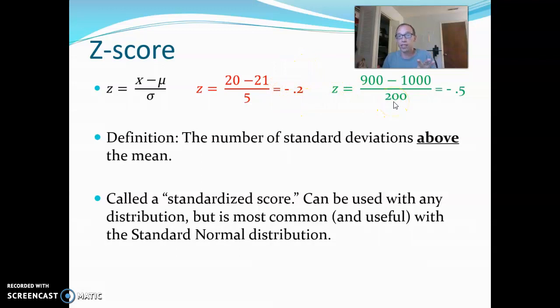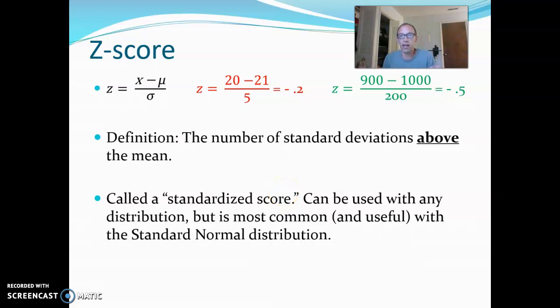So just as we said, the ACT score was better, but now we have a more precise way of categorizing how close it was. And the Z-score is sometimes called a standardized score because it comes from the standard normal distribution.